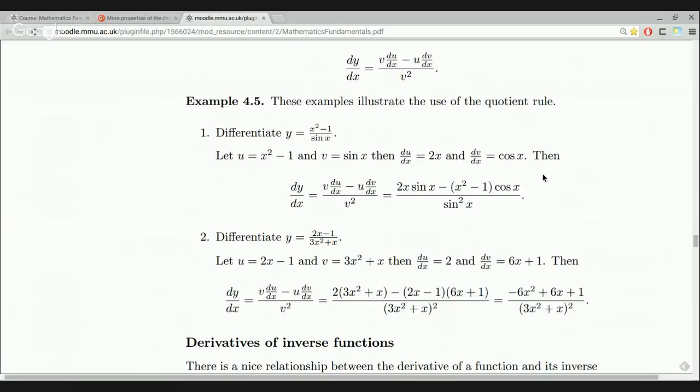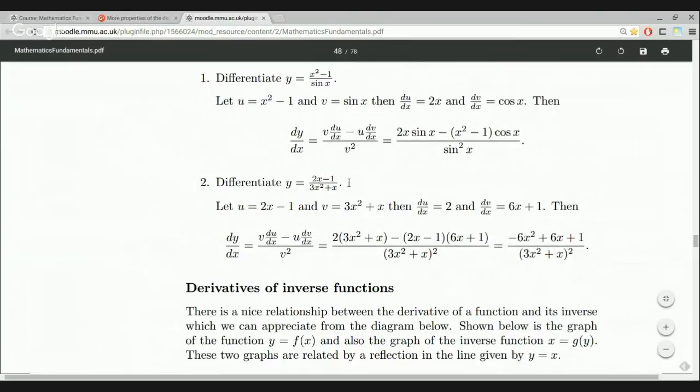Okay? So we get this expression here. It's complicated enough, but at least now we can see what the derivative of y is, a compound function built up out of the simpler functions. And we got to that by making use of the quotient rule and the individual derivatives of u and v. Okay.